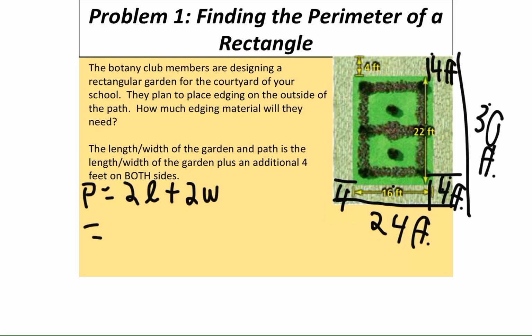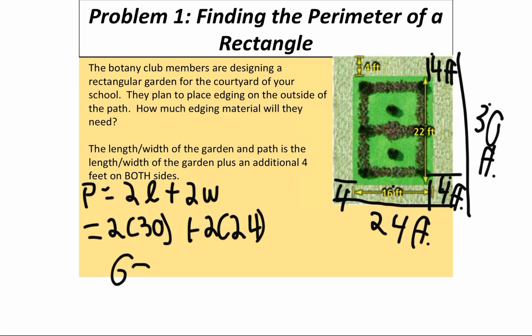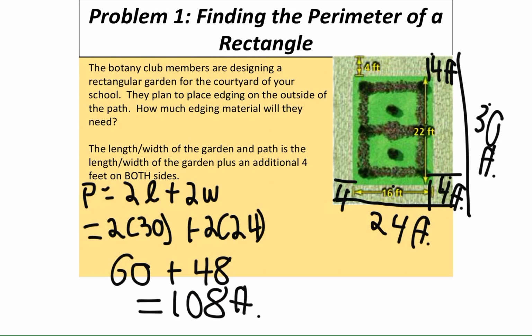So the length is 30, so we're doing 2 times 30 plus 2 times the width, or 2 times 24. 2 times 30 is equal to 60. 2 times 24 is equal to 48. 60 plus 48 is equal to 108. So this is telling us that we need 108 feet of edging material.